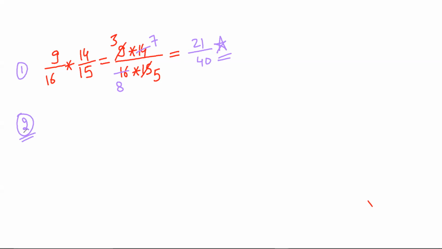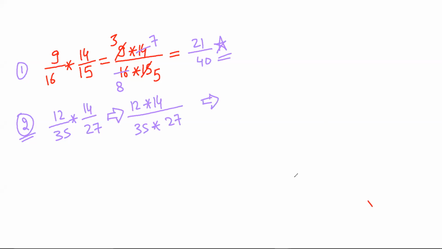So let us assume we have 12 upon 35 into 14 by 27. Try to do this. So I write this as 12 into 14 upon 35 into 27. What is the common factor, Mr. Sarthak? 7. 7 twos are 14, 7 fives are 35.